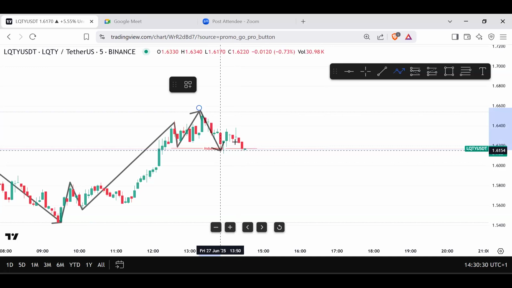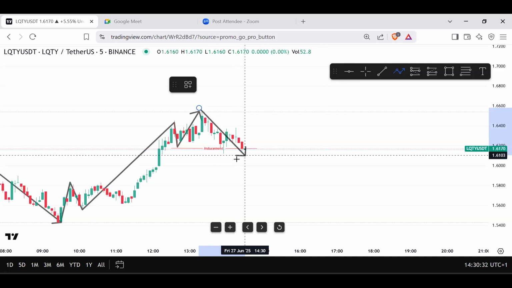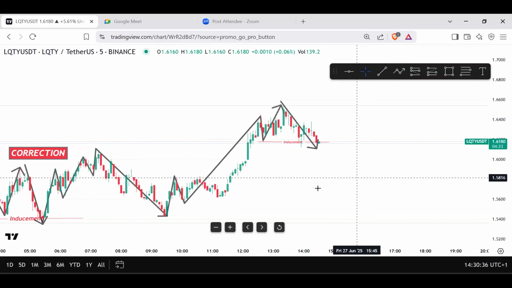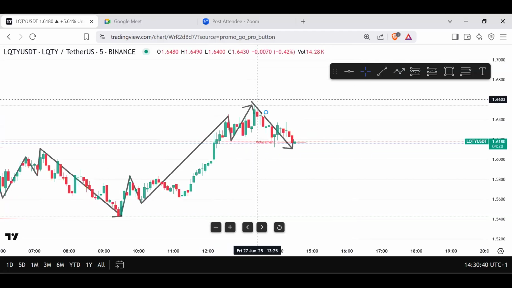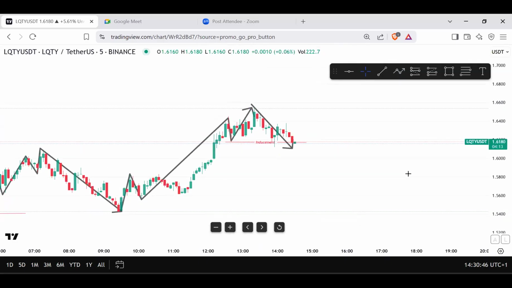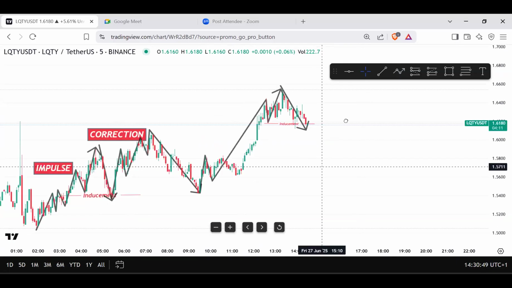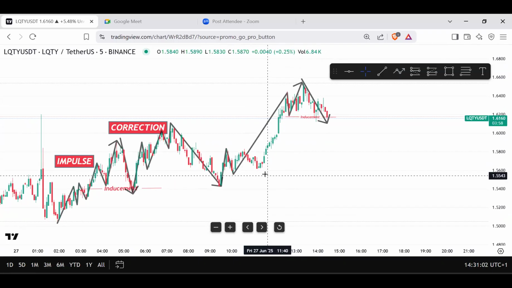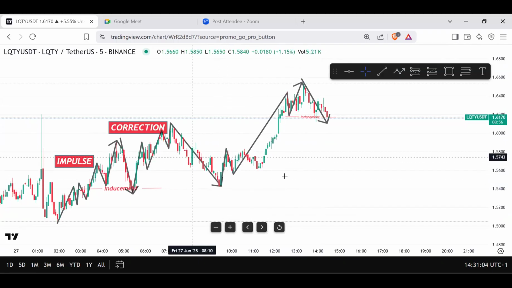So what's the market doing right now? Now we don't know where it is going. We're having a correction now. So you can see that the market is just doing the three things we talked about: impulse, inducement, correction.